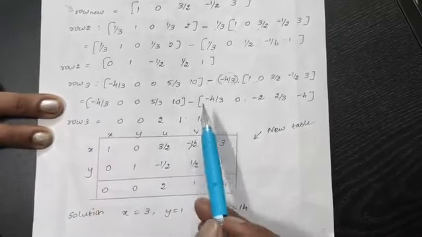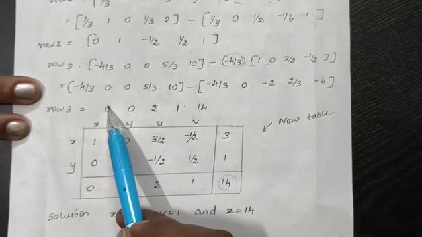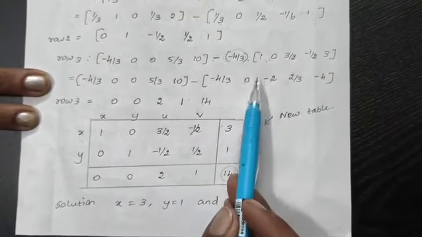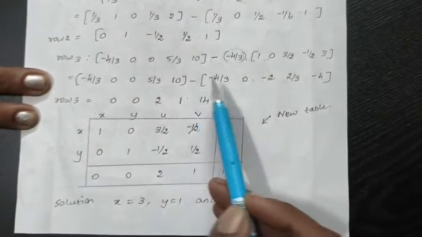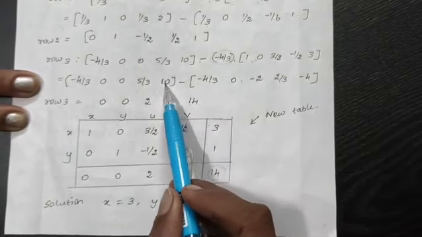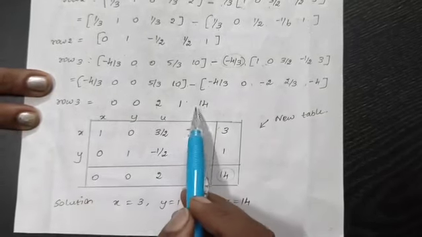Minus 4 by 3 minus minus 4 by 3, so we get the value 0. Then the second value is 0. Then 0 minus minus 2, so we are getting 2. Then 5 by 3 minus 2 by 3, we are getting 3 by 3, so that is 1. Then 10 minus minus 4, so 14. This is the third row value.